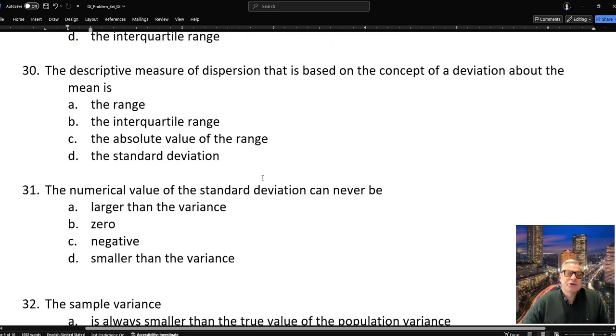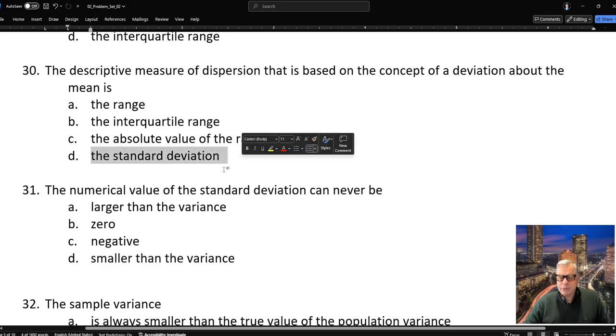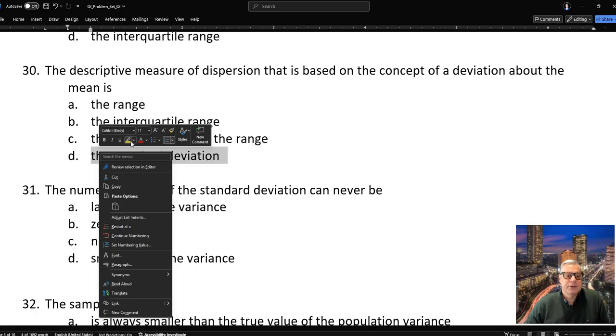The descriptive measure of dispersion that is based on the concept of deviation about the mean, well, we talked about that earlier, is the standard deviation. So again, the variance is the average squared deviation from the mean, and the standard deviation is the average deviation around the mean.